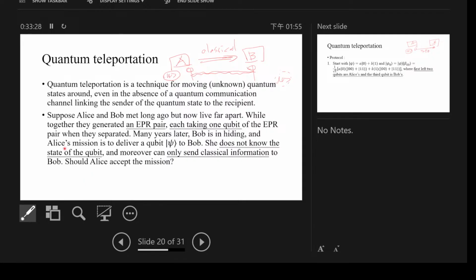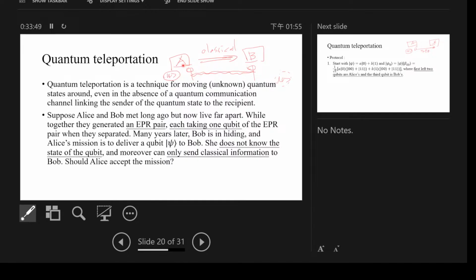Quantum teleportation is a protocol for moving an unknown quantum state around without having a way to send the quantum state. The trick here once again is that Alice and Bob will pre-share some entanglement.